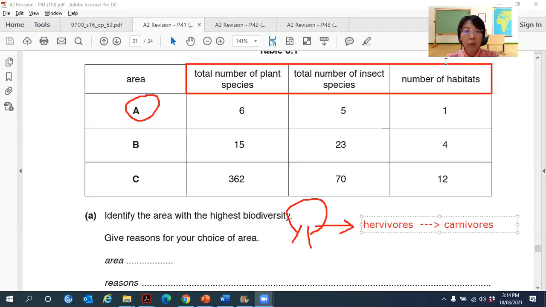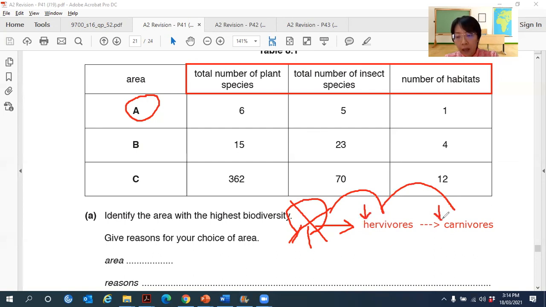So in an extreme condition, what you can see here is if a biodiversity of an area is very small, the food chain is very simple. So a slight change in the environmental condition can affect any member of the food chain, and that will affect the rest of the members in the food chain. So all of them will actually be affected, right?